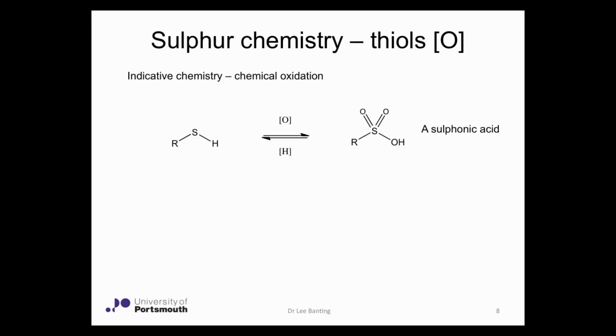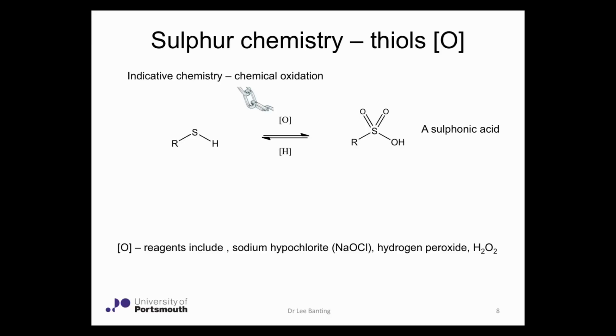Other agents can do this chemistry as well. For instance, sodium hypochlorite, which is a component of bleach, and hydrogen peroxide itself can be used to fully oxidize to a sulfonic acid, encourage it to oxidize fully.